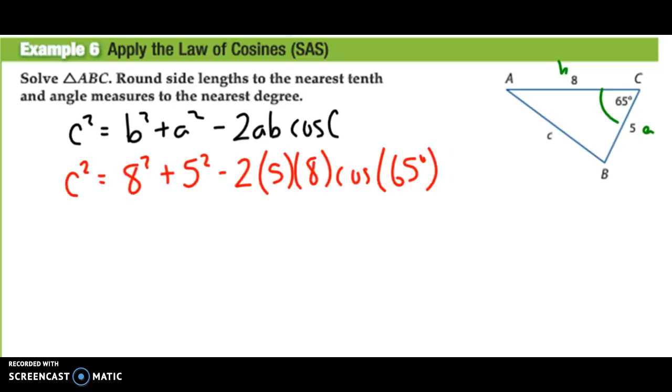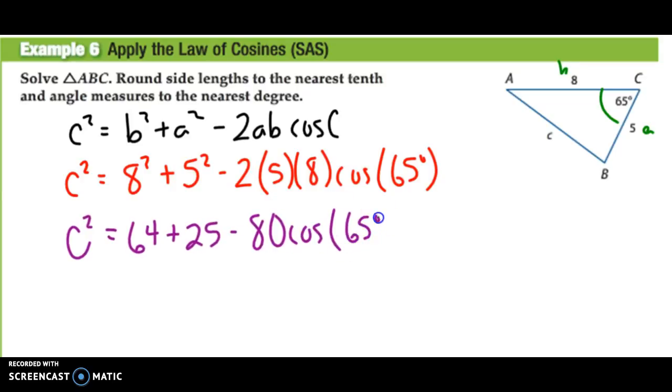Simplify as best I can. c squared is equal to 64 plus 25 minus 80 cosine of 65 degrees.